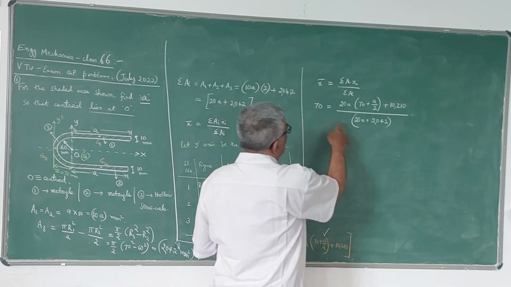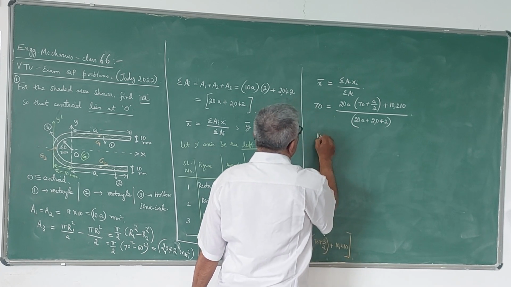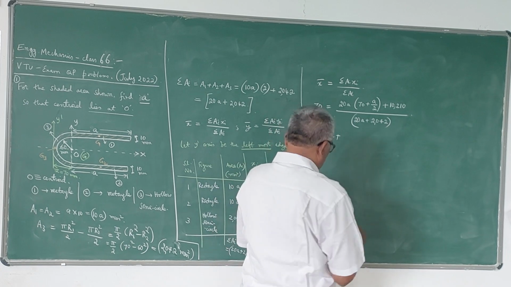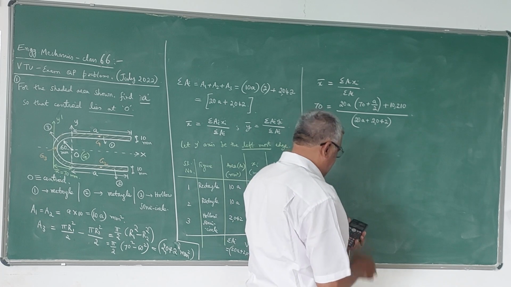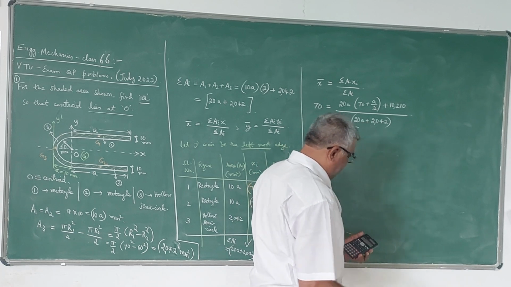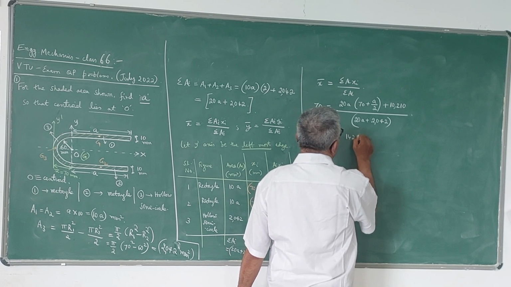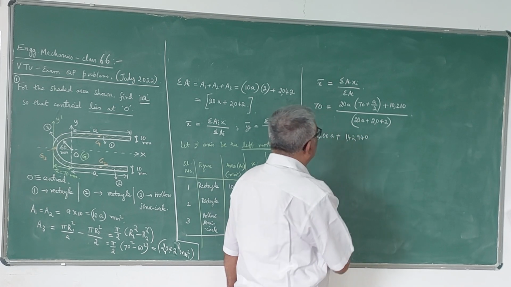Now let me cross multiply this. 70 into 20 is 1400 times a, plus 2042 multiplied by 70, which is 142,940. Be careful because we are getting larger values.